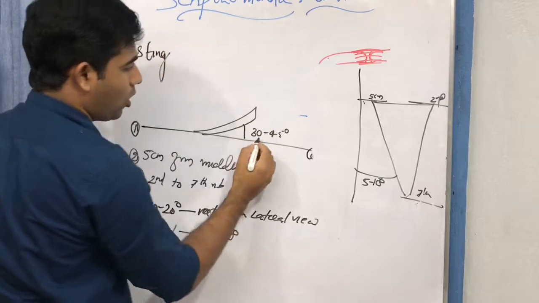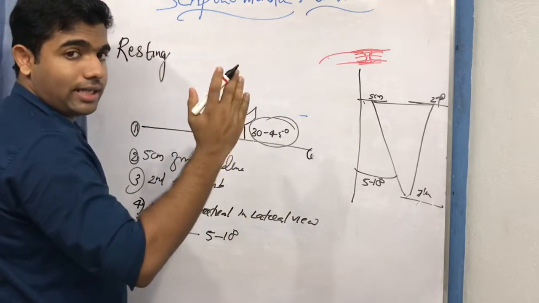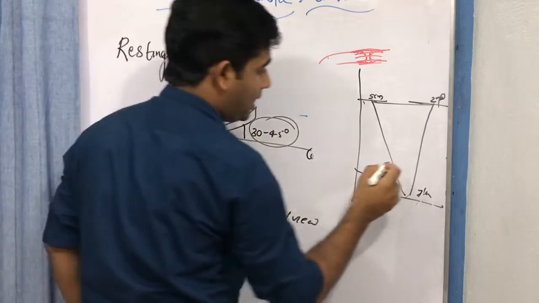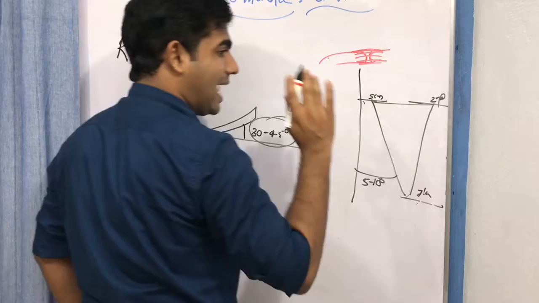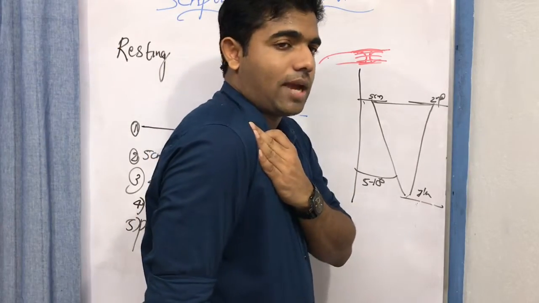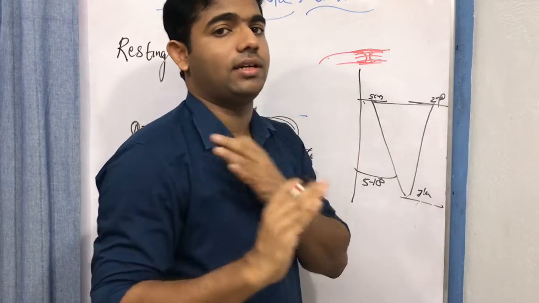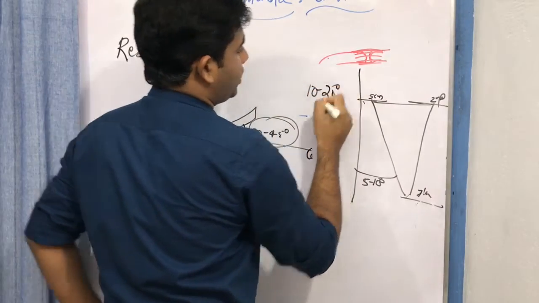If you are looking from the coronal plane, it is 30 to 40 degrees from the coronal plane, or it is usually like in a protracted position. The next one is laterally rotated. From the lateral view, the scapula is slightly anteriorly tilted by 10 to 20 degrees. Anterior tilt about 20 degrees.